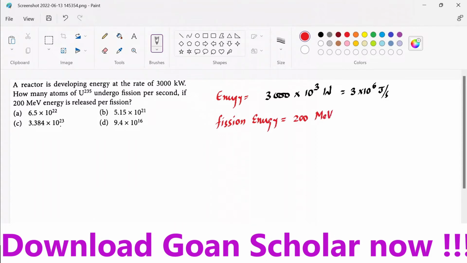Now some of you who are confused between mega and million, it's the same thing. 200 million electron volts. So million will be 200 into 10 to the power 6. And to convert this electron volt into joules, I'll have to multiply with 1.6 into 10 raised to minus 19. That will be converted into joules.